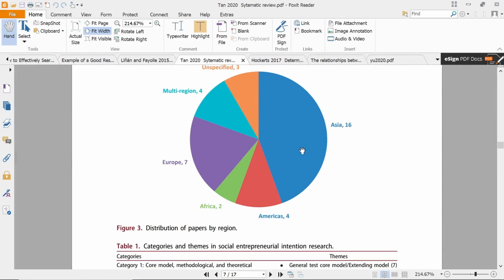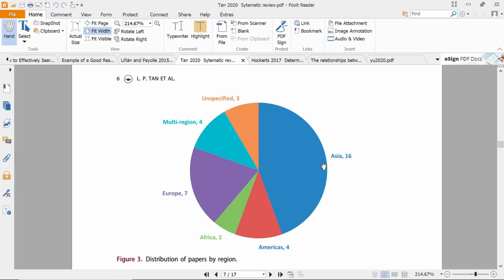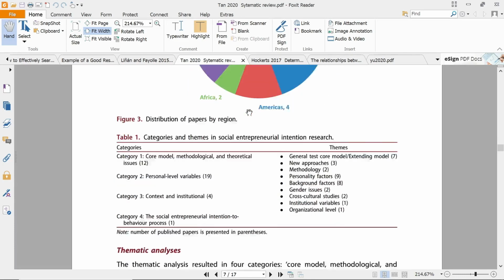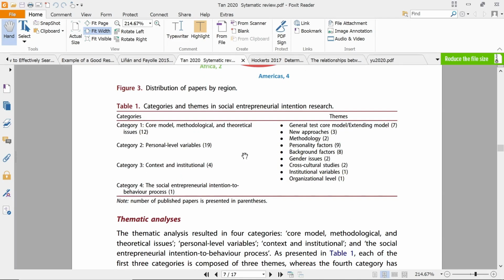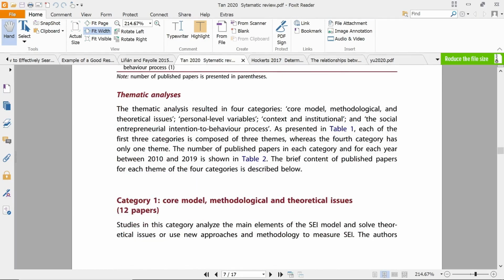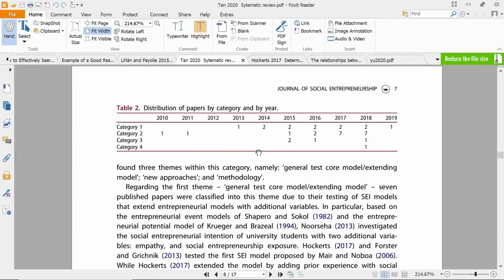So these are the regions they evaluated. A lot of publications are from Asia. Then the Americas, Africa, Europe, multi-regional, unspecified. So the themes are core model, methodology, theoretical, personnel, variables, all those things, thematic analysis.